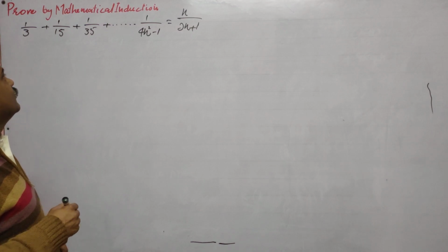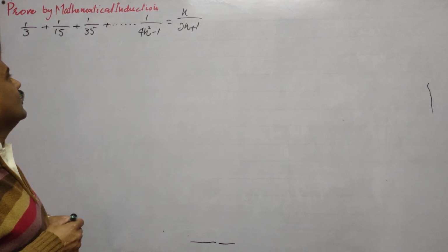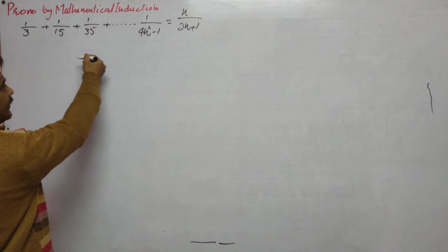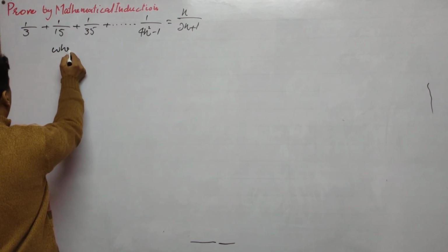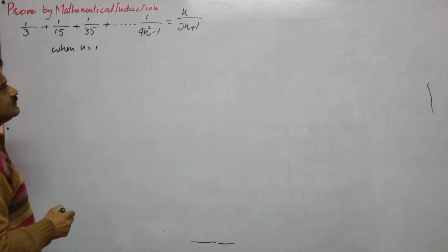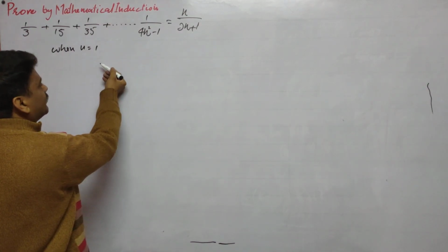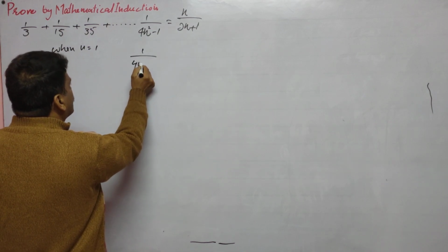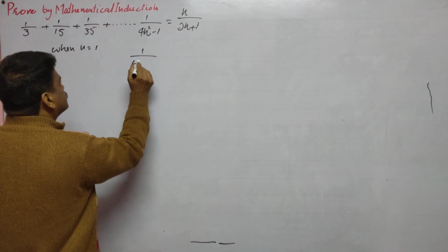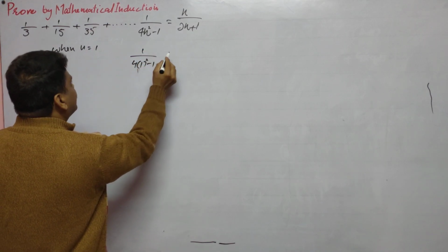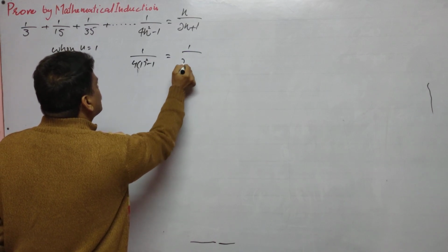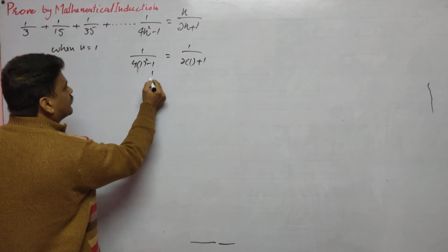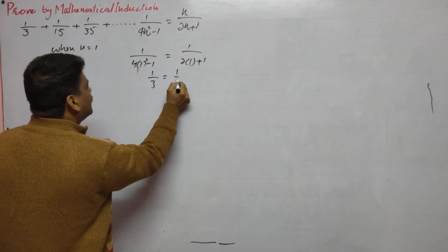If we want to prove by mathematical induction, we first prove it is true for n equal to 1. When n is equal to 1, we replace n by 1 in the statement. We get 1/(4·1² − 1) = 1/(2·1 + 1), that is 1/3 = 1/3.